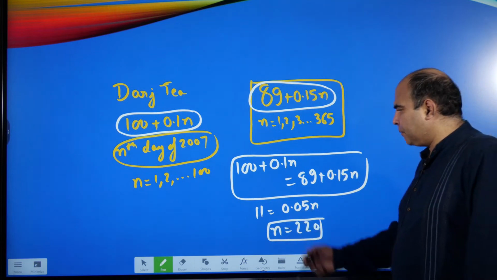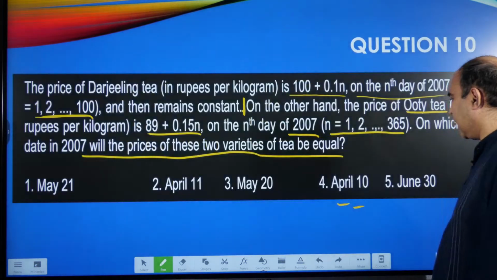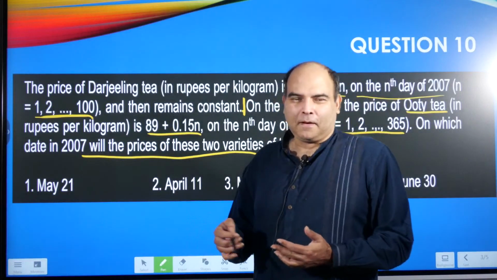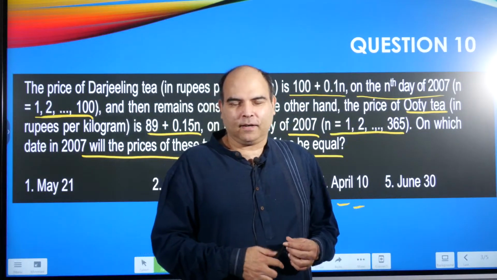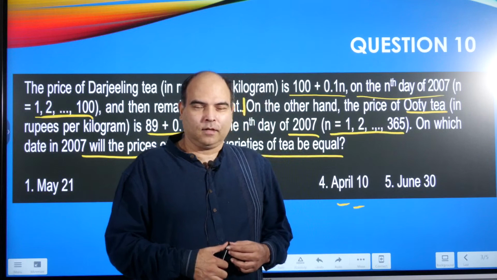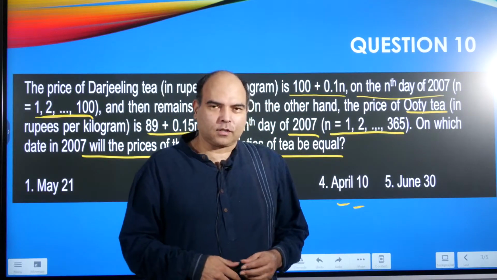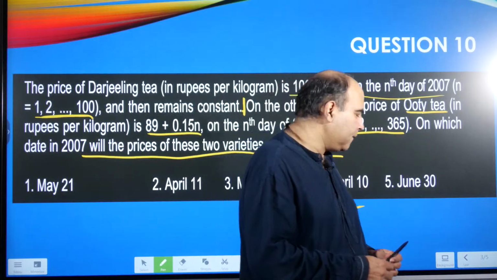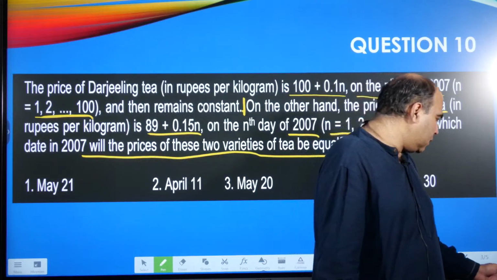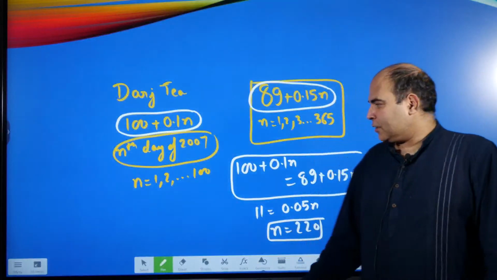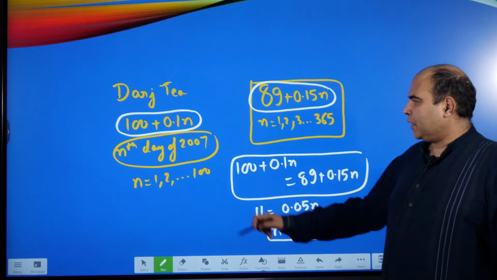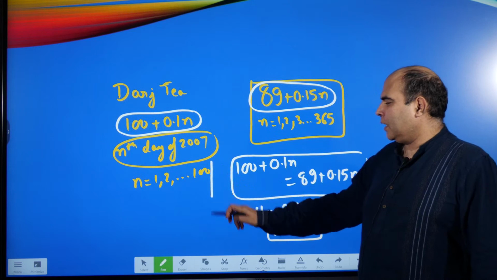There's a problem with that answer. The first problem is that it's not there in the options. 220 days will typically mean somewhere around early August, so July will definitely pass by. But the bigger problem is that this answer is not right, because the Darjeeling function only increases till 100.